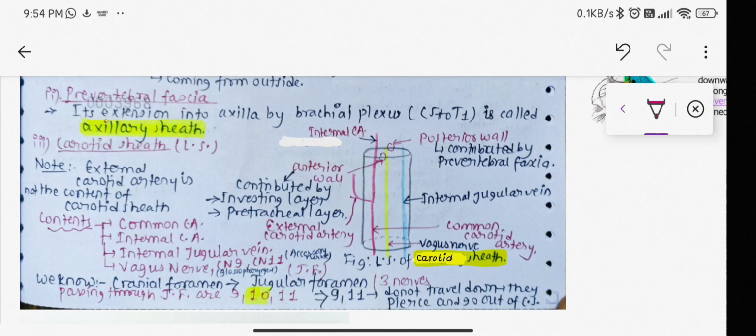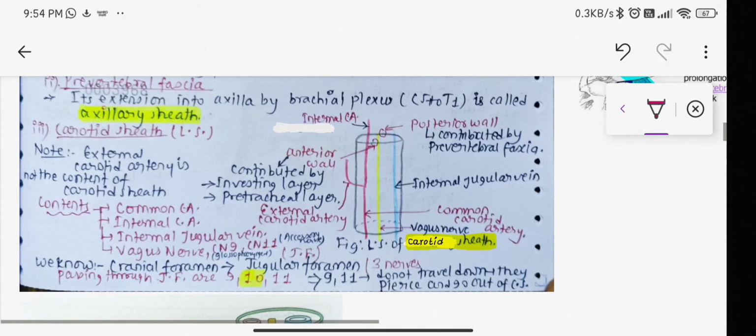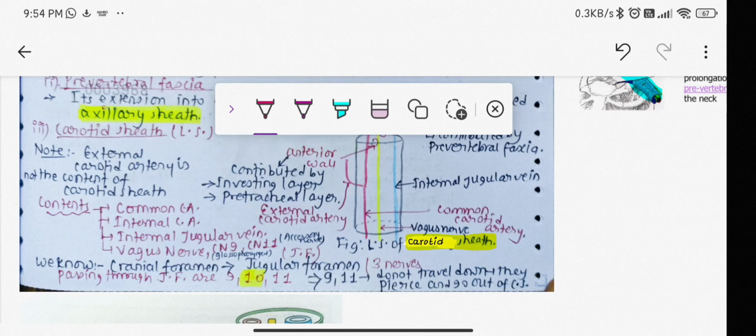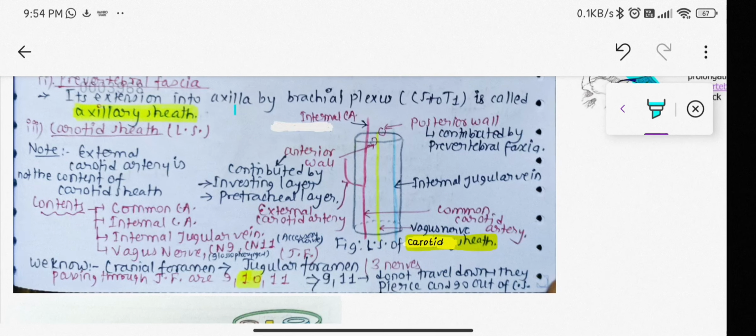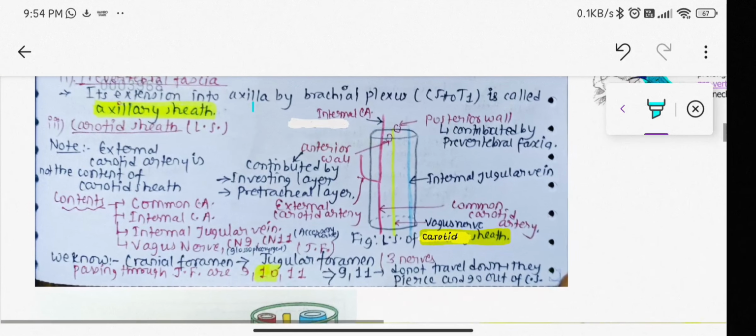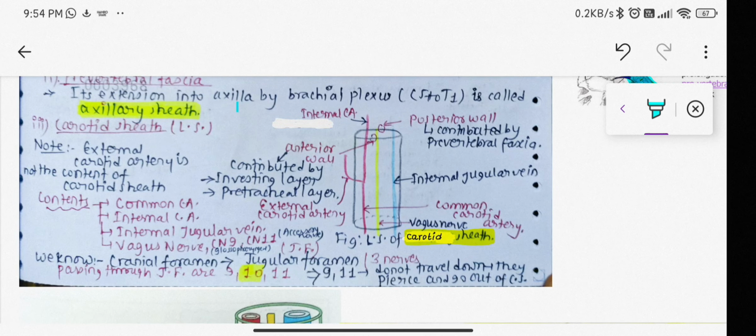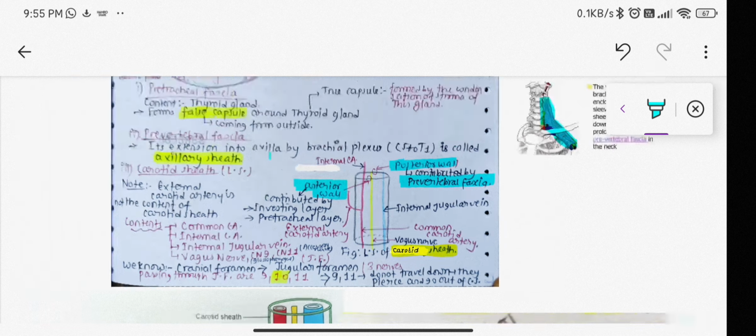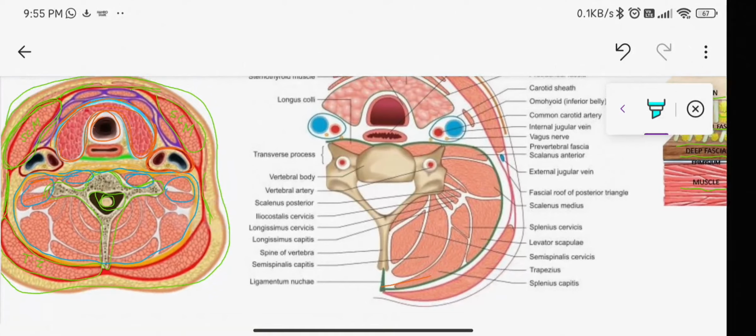Now we should know about the carotid sheath. We can see in this figure the content of this carotid sheath. How is the carotid sheath formed? It has a posterior wall and an anterior wall. Its posterior wall is contributed by the prevertebral fascia.